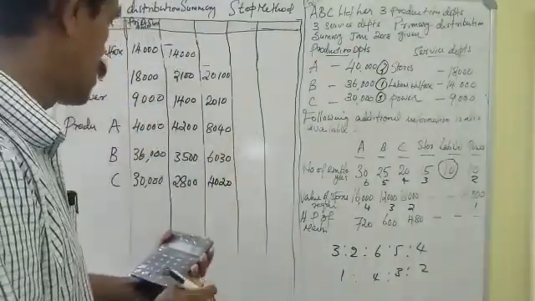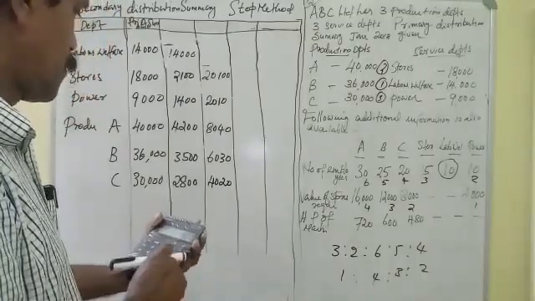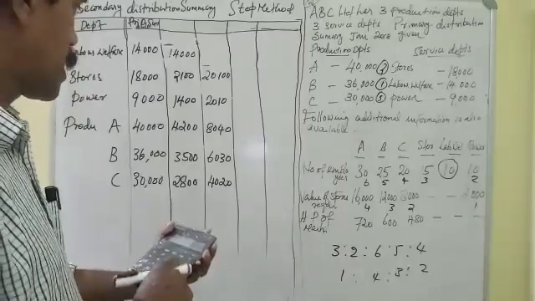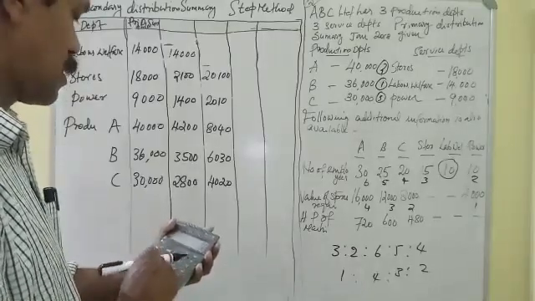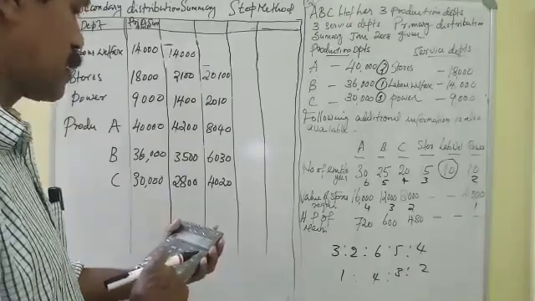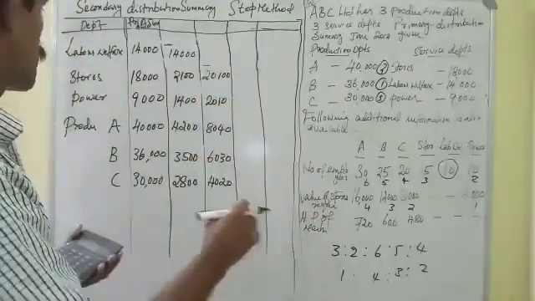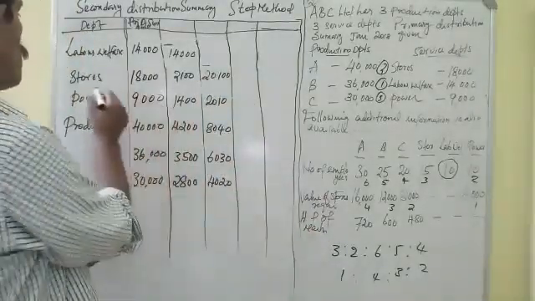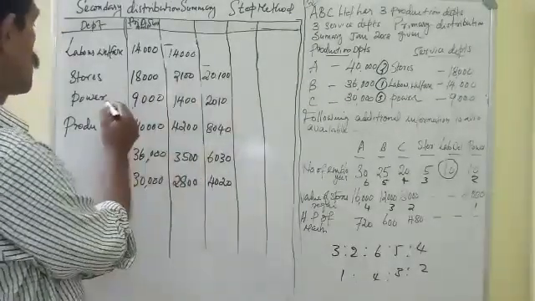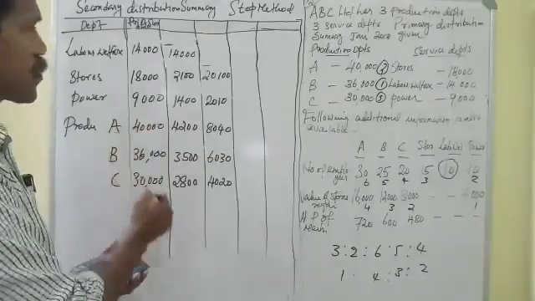We check it: 4,020 plus 6,030 plus 8,040 plus 2,010, that comes to 20,100. So now we distributed the stores department overhead. It's a total of 20,100 among the power department or service department, and then production departments A, B, and C.